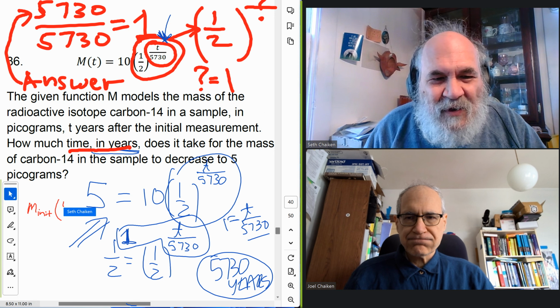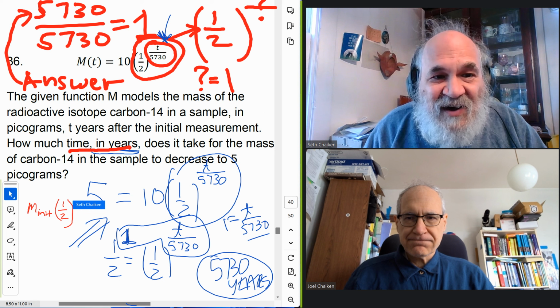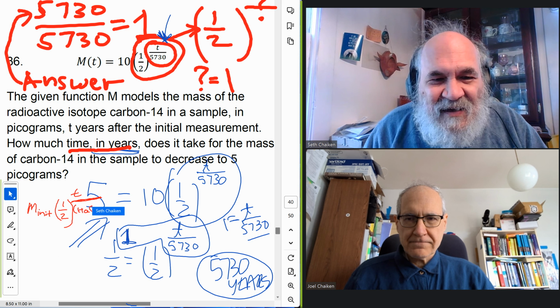times 1/2 raised to the time divided by, and in the denominator is the half-life.